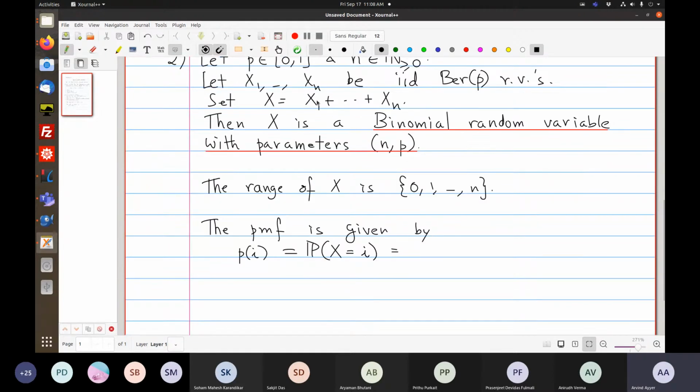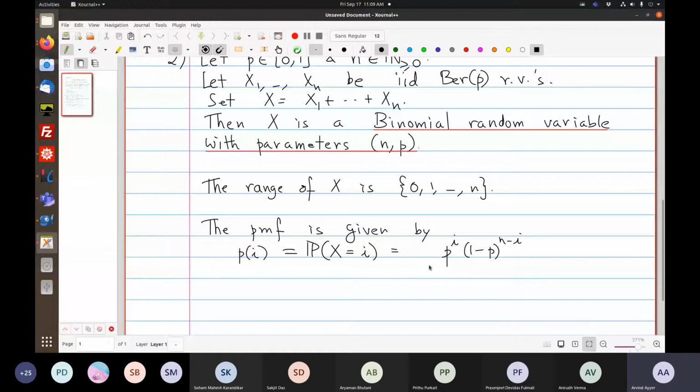You have n possibilities of having 0 or 1, and if the sum has to be i, then exactly i of them should take value 1, and n minus i have to take value 0. So you have p to the i times 1 minus p to the n minus i. I of them should take 1, which happens with probability p, and n minus i should take value 0, which happens with probability 1 minus p.